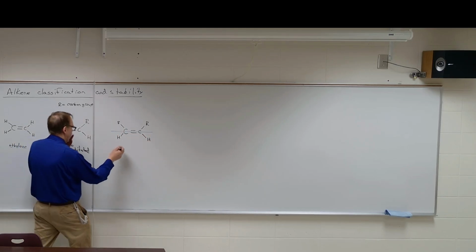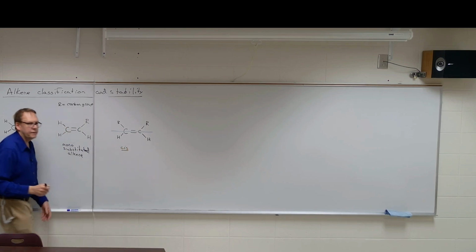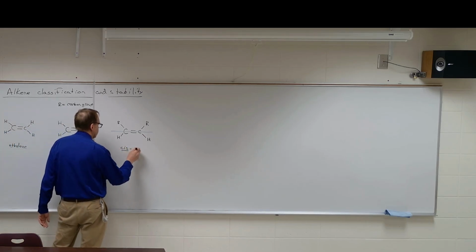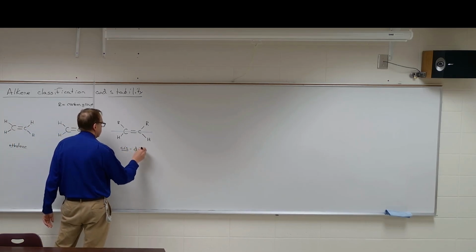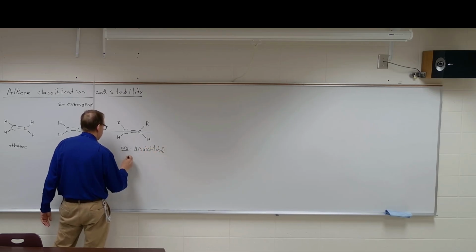So this is going to be a cis molecule because it's got the groups on the same side of that line, and disubstituted. So this is a cis disubstituted alkene.